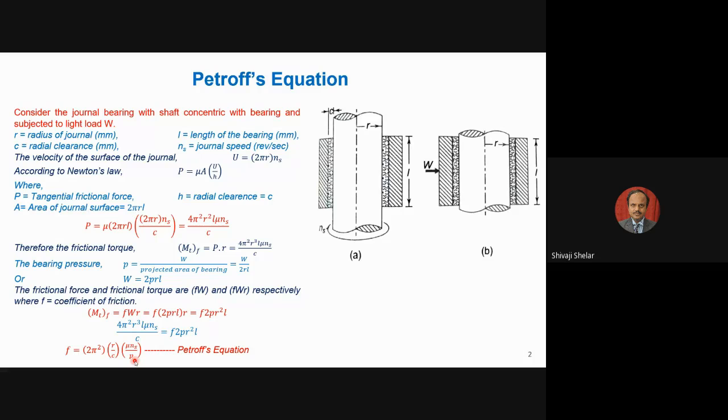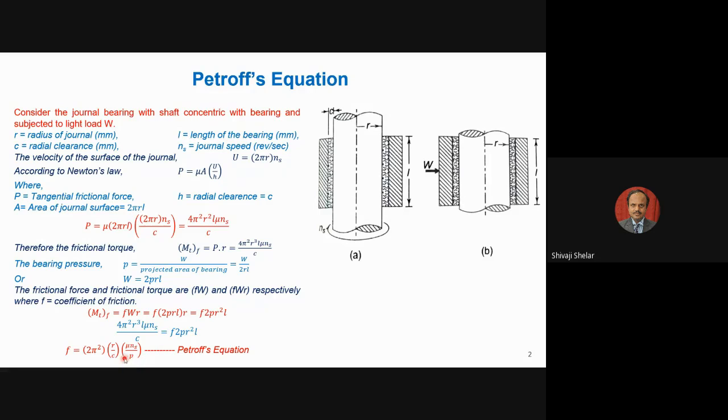In the bearing concept, this pressure is also called unit bearing pressure. It depends upon the radial load and the projected area of the journal which is supported by the bearing.